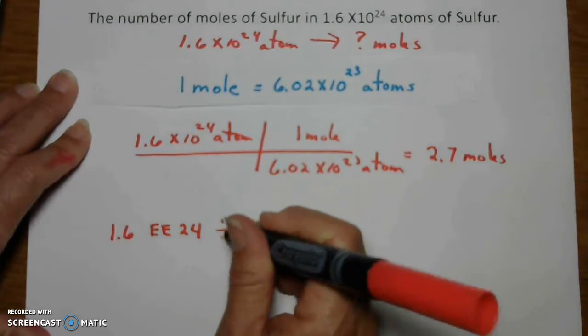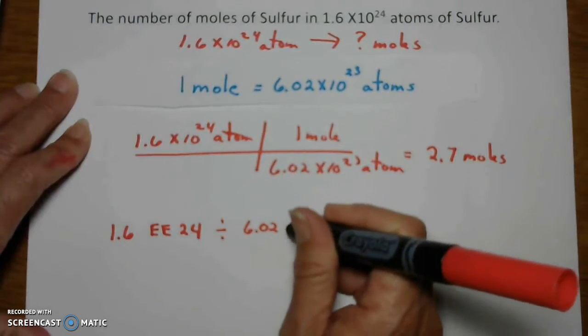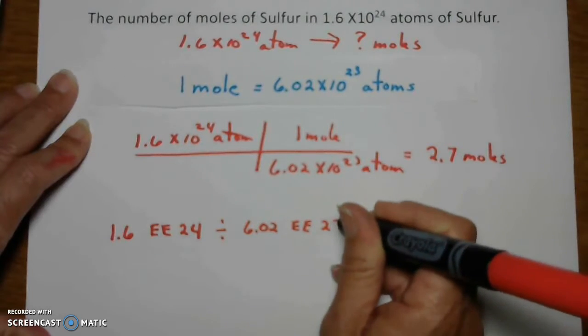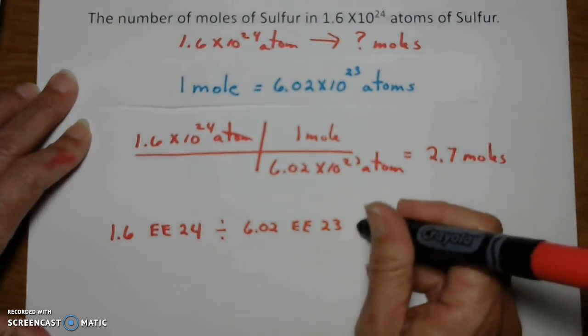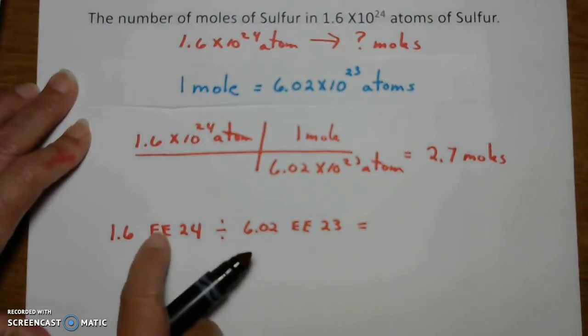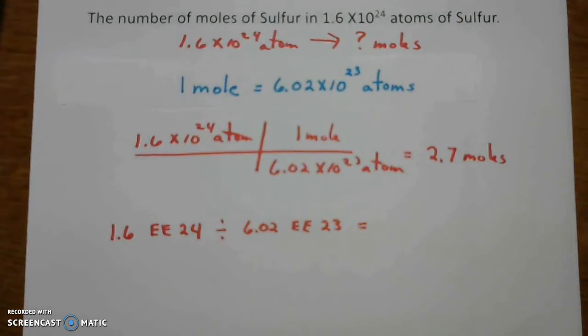I'll divide and then put 6.02, and then I'll do the EE button again, 23, and then equals. And that will get me my answer. If you learn to use this EE button, it's easier than trying to put brackets around everything and making sure that the right numbers are being divided.